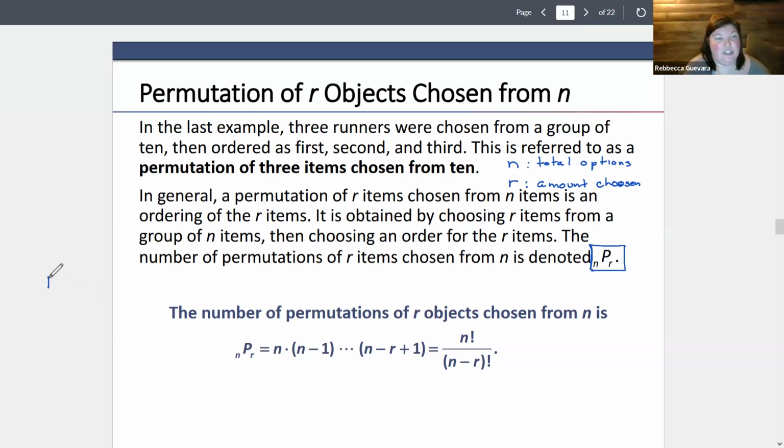If I chose 3 items from 10, like we had previously, then we would write 10P3. This is my R, the amount that I'm choosing, and this is the total that I have, so that is my N. Remember, N is always like a sample size, so it's always going to be your total.